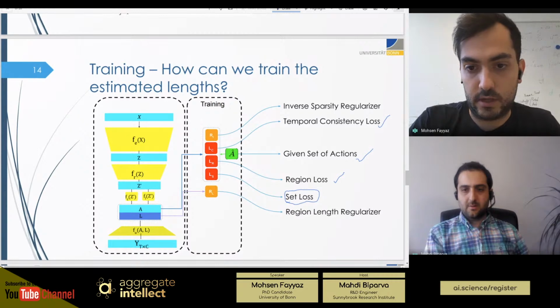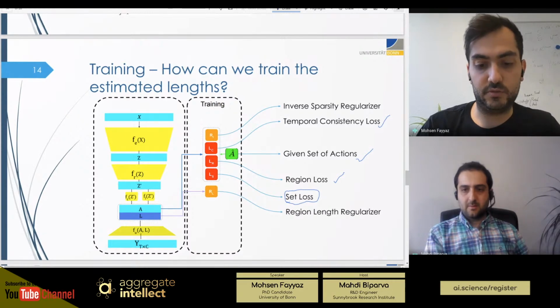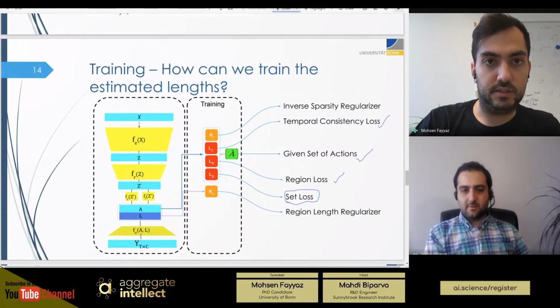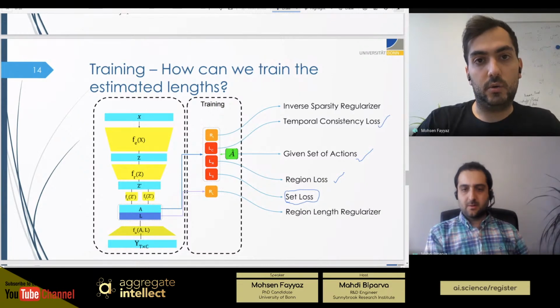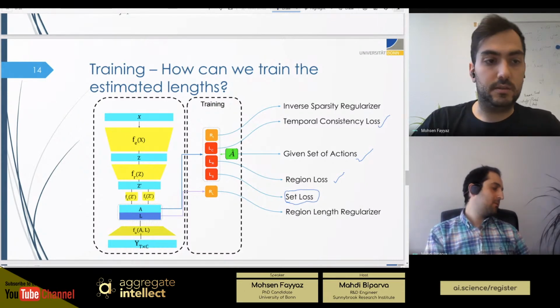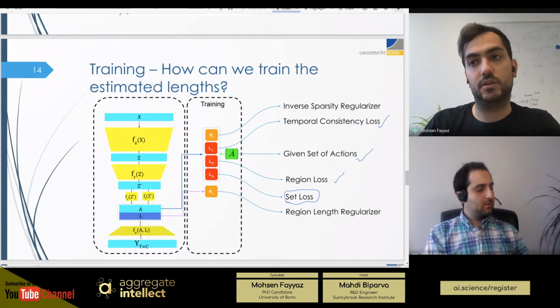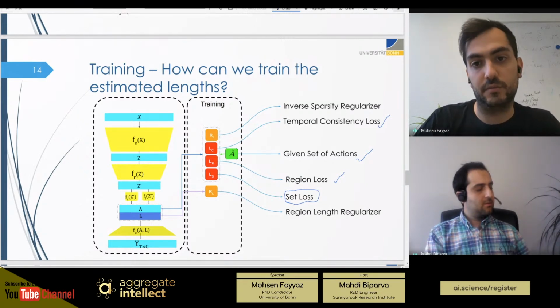And then we also have a region length regularizer, which regularizes the length of each region. By regularizing, we mean that we limit the variation of the region lengths, preventing the model from overestimating the length of some regions, and penalizing it for not predicting different sizes. It prevents the model from preferring to predict longer temporal regions for the actions which are usually present in all of the training videos.